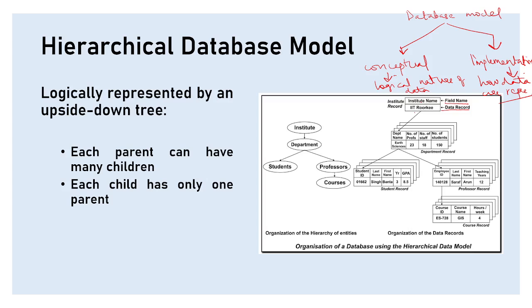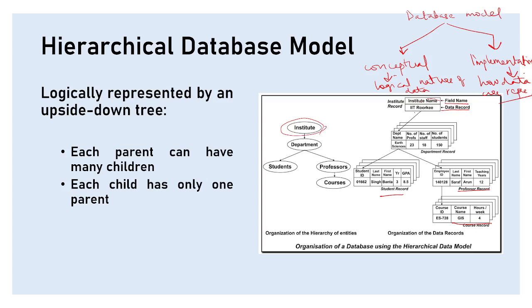For instance, within the IIT Roorkee department, one student record is taken, then employee ID, then course ID, which course, such information. All those information you can take. Here the parent is IIT Roorkee, that is, the institute is the parent.